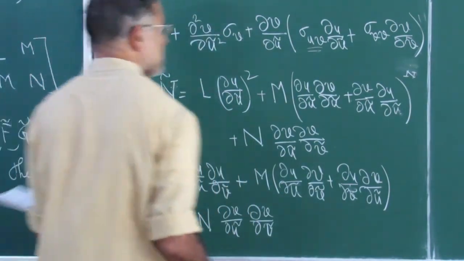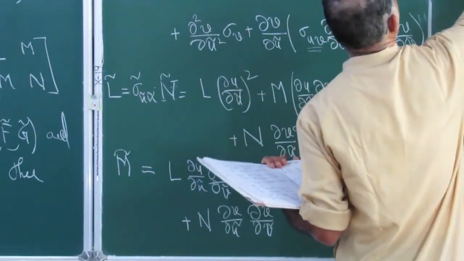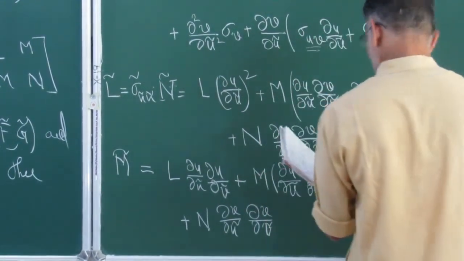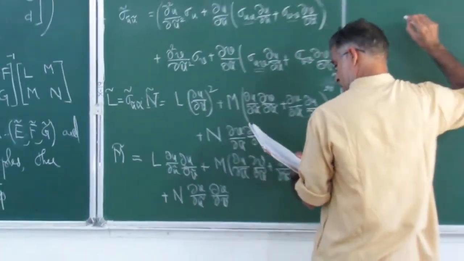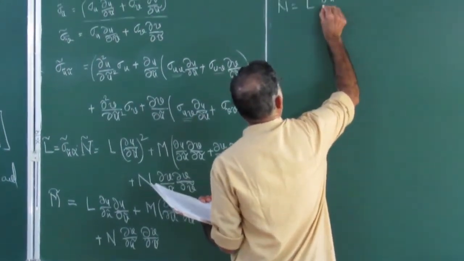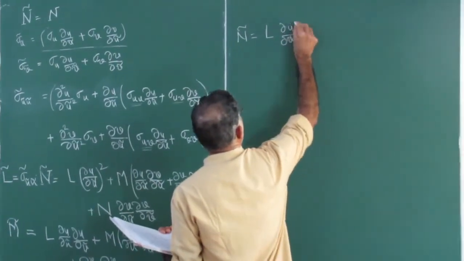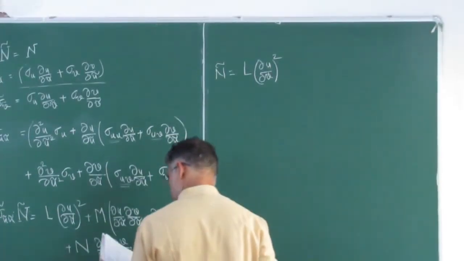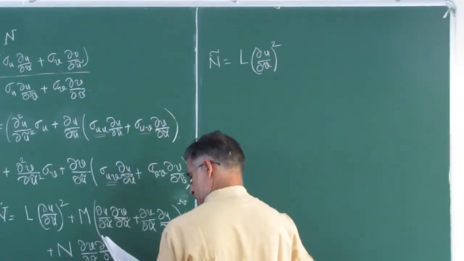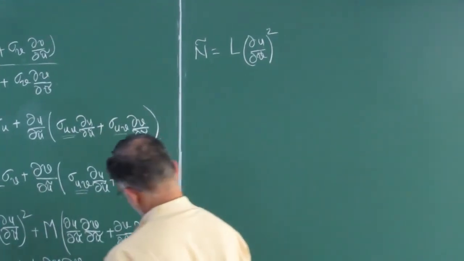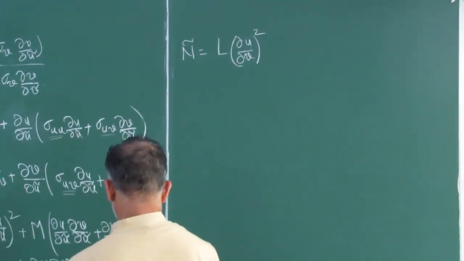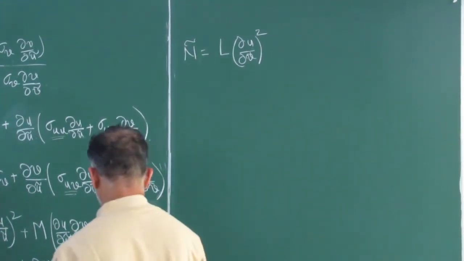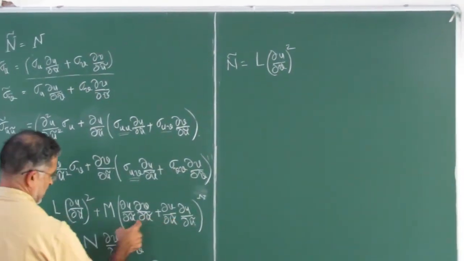So that gives you this, and n tilde, yes, n tilde is L du by, it will be very similar type of thing that you see there, v tilde square plus du by du tilde dv by, oh yes, these two terms are same.